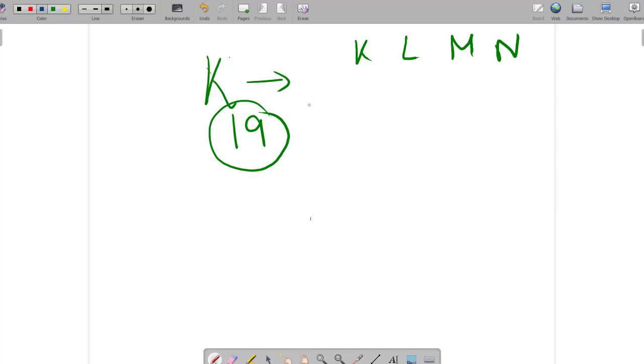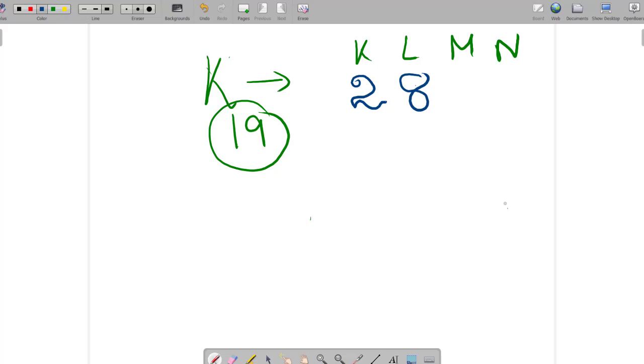Okay. So now 19 can be filled. How many can be there in the K shell? 2. How many can be there in the L shell? 8. No problem. How many are left here now? 9 are left. 9 electrons are left.